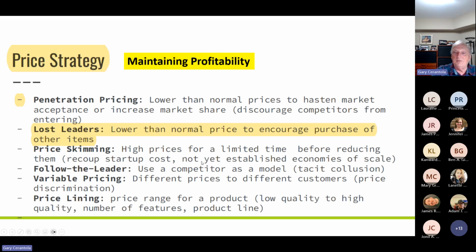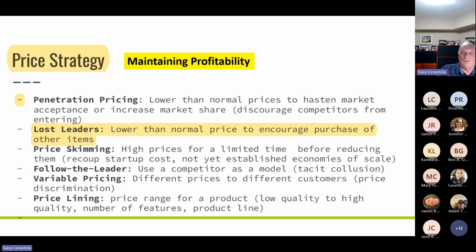Price skimming: sometimes it's hard to put in a price and then bring the price up in the market, but it's easier to bring the product in at a higher price and then drop it, so that's what price skimming is all about.